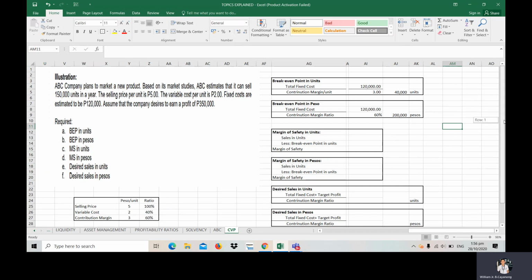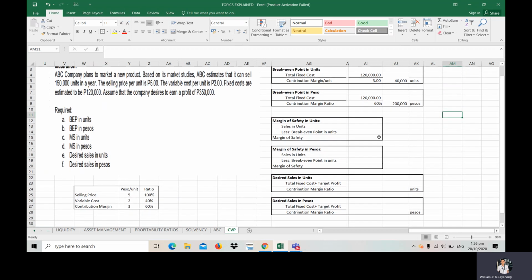How about if you're going to solve for the margin of safety in units? We need our sales in units. How many are our sales in units? It's 150,000 units. And how much is our break-even point in units?